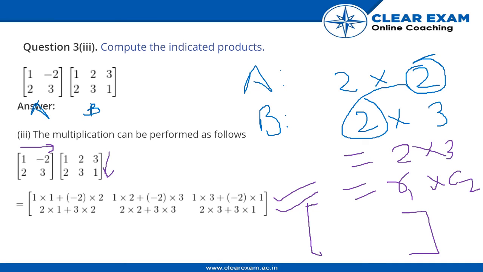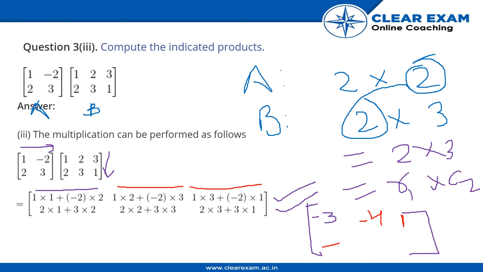So the first element will be 1 into 1 plus minus 2 into 2. That will be minus 3, I hope. Yes, minus 3. Our second element will be 1 into 2 plus minus 2 into 3. That will be minus 4, I hope. Yeah, minus 4. The third element will be 1 cross 3 plus minus 2 into 1, and that makes it 1.